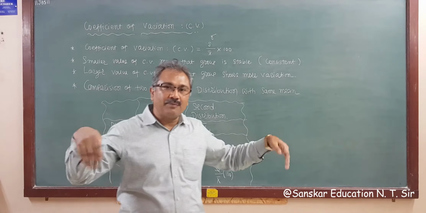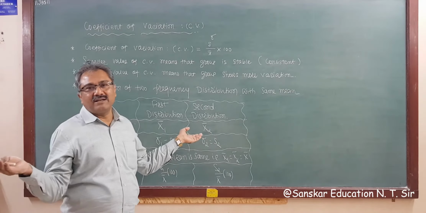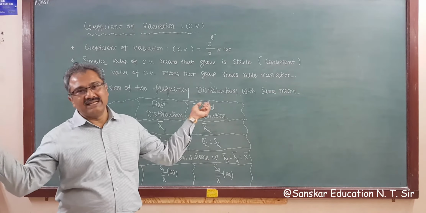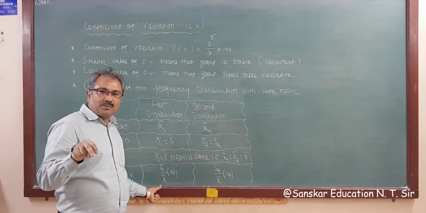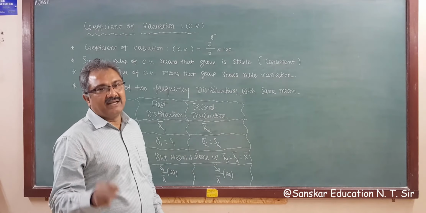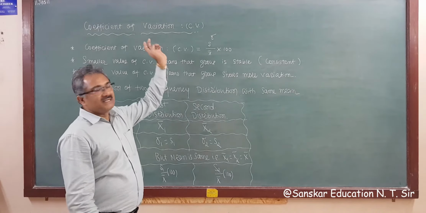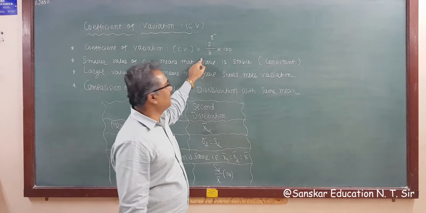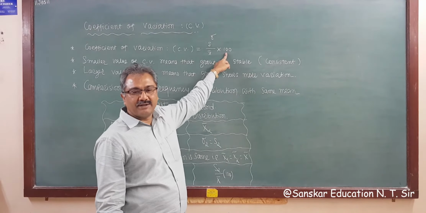And if the CV of the group is larger, then the group has more variation. So for comparison of two groups you need to compare the CV. And the formula for CV, the coefficient of variation, is standard deviation upon mean, multiplied by 100.